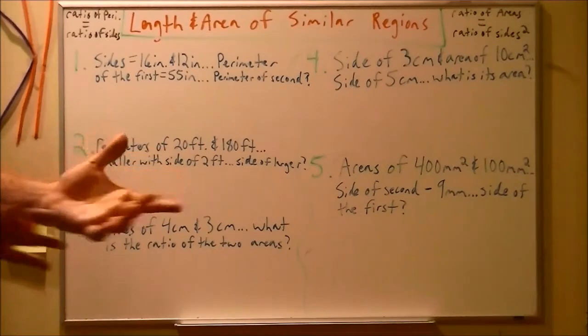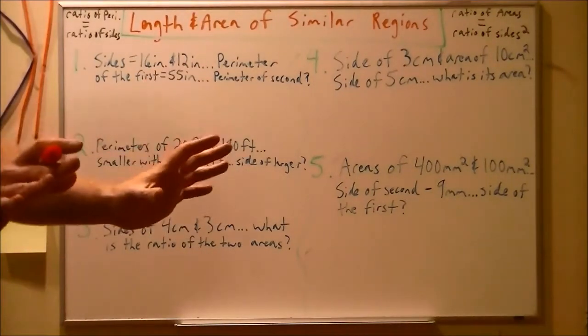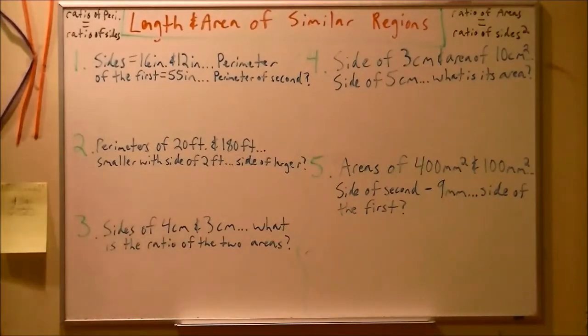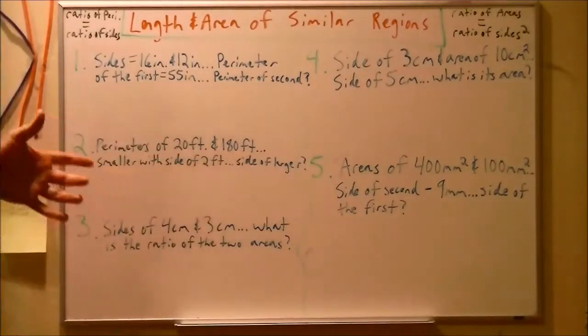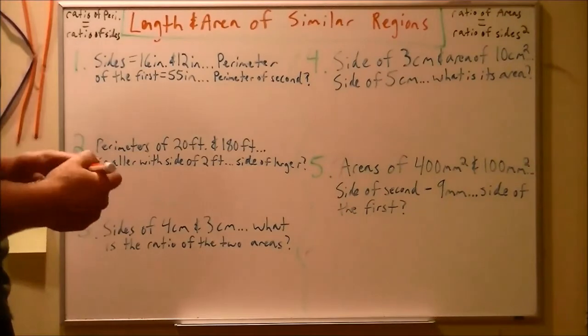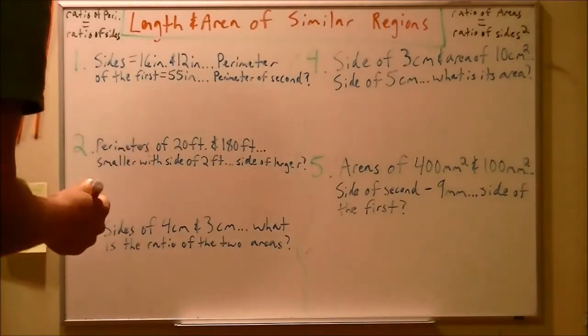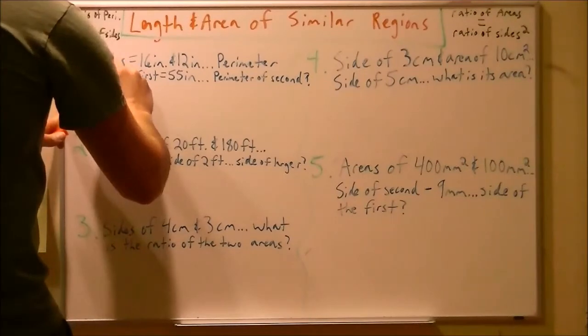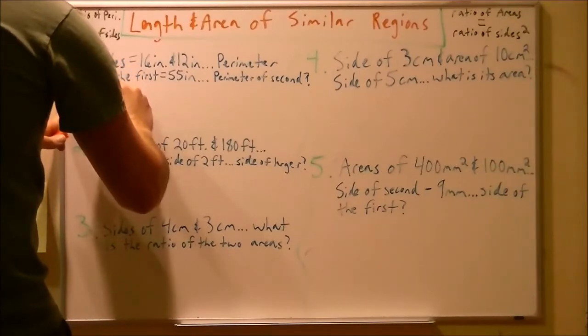All right, so here's what we're going to do. This is our first time, and if you're a little bit lost right now, that's okay. We haven't done one yet, so don't give up before we start. It's actually very easy, okay? The ratio of perimeter is going to equal the ratio of sides. And if you want to write a formula, you might do it this way.